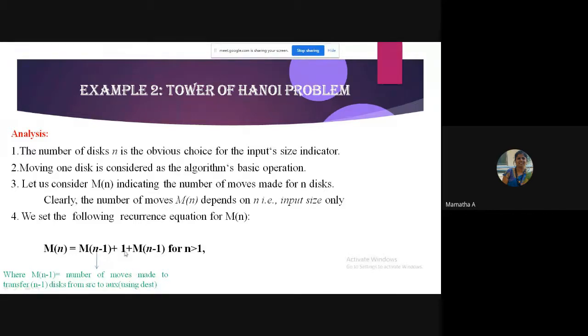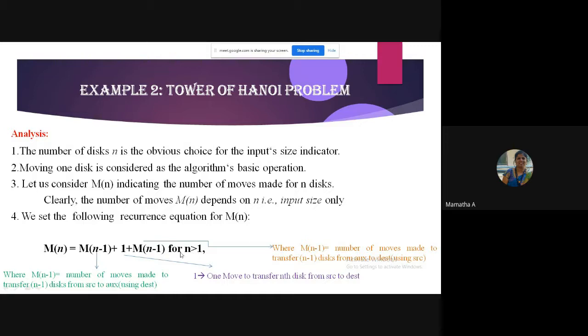Next, plus 1: I wrote 1 because I make only one move, for transferring the nth disk from source to destination. Plus again m of n minus 1, the number of moves made to transfer n minus 1 disks from auxiliary to destination using source. This is the recurrence relation for the condition n greater than 1.